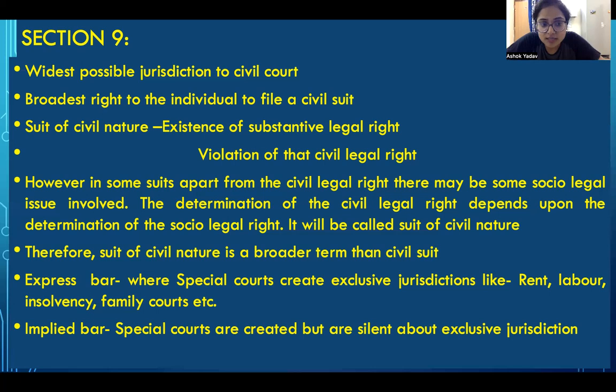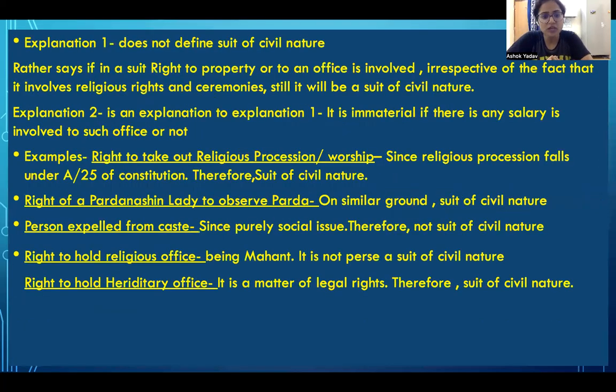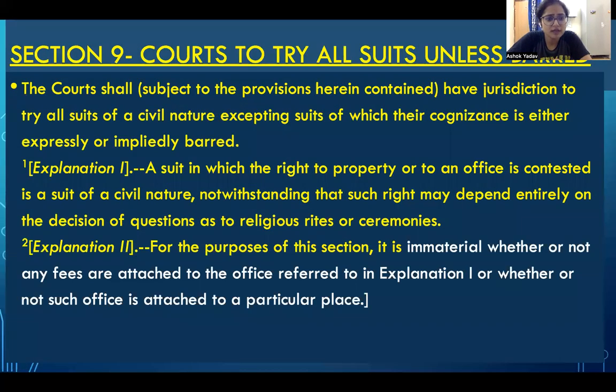So a civil suit is a narrower term, and a suit of civil nature is a broader term, because under a suit of civil nature, both a civil suit along with some social and religious issues are involved. Now, in the definition, we find the words: the cognizance of which is either expressly or impliedly barred.